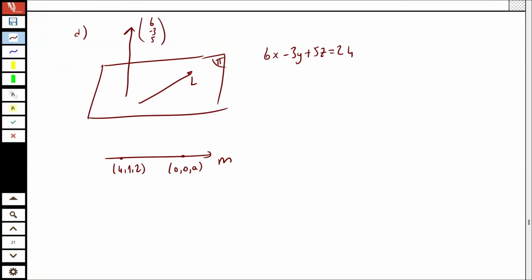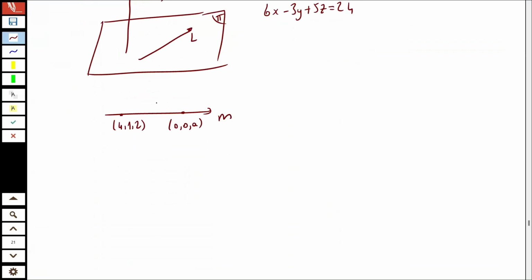And we know the direction of L also. From here, we can write the direction of M, which is A first. We subtract each dimension: for x, 0 minus 4, for y, 0 minus 1, and for z, a minus 2, which is minus 4, minus 1, a minus 2.